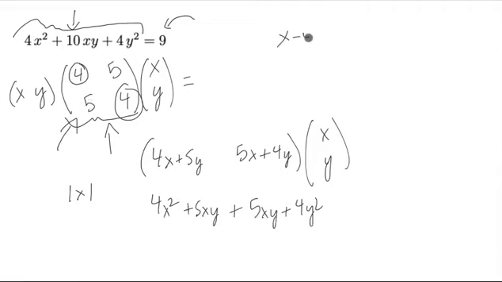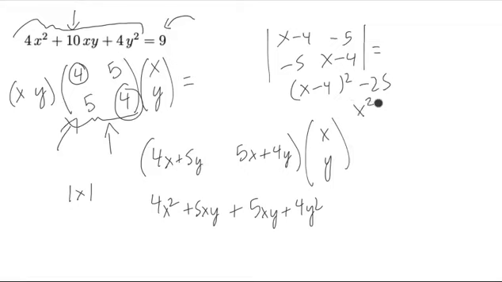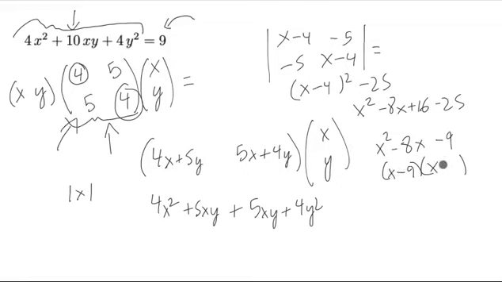We get x minus 4 quantity squared, minus 25, so x squared minus 8x plus 16 minus 25, which is x squared minus 8x minus 9. So we have x minus 9 and x plus 1.